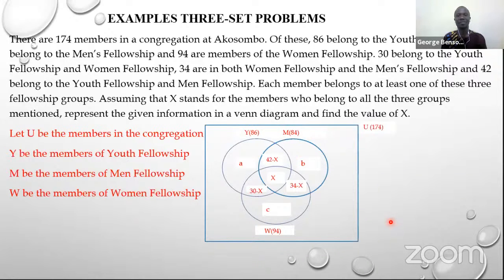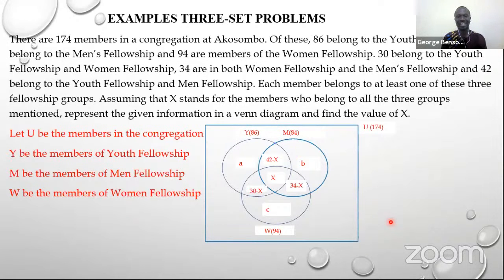Each member belongs to at least one of these 3 fellowship groups. Assuming that X stands for the members who belong to all the 3 groups mentioned, represent the given information in a Venn diagram and find the value of X.